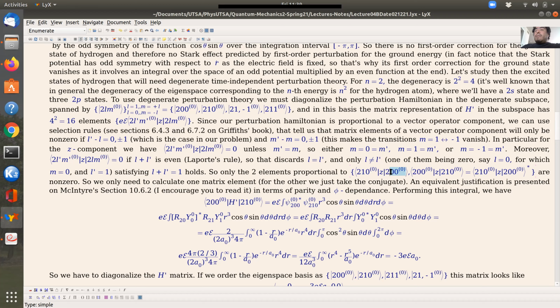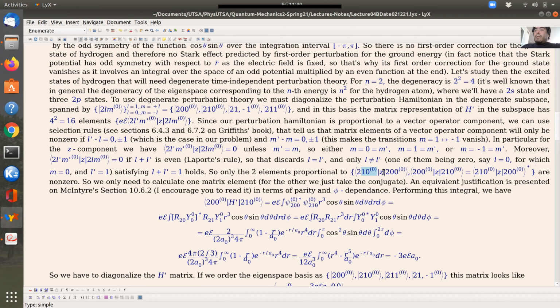Then M has to be 0 for L equal to 0, so we're in this case, and M prime has to be equal to M. From all possible choices for M, which would be minus 1, 0, and 1, the only one that is going to give us a non-zero element is the case M prime equal to 0.